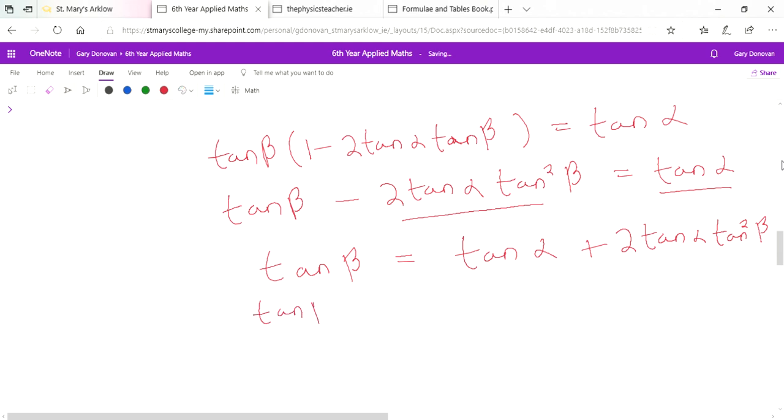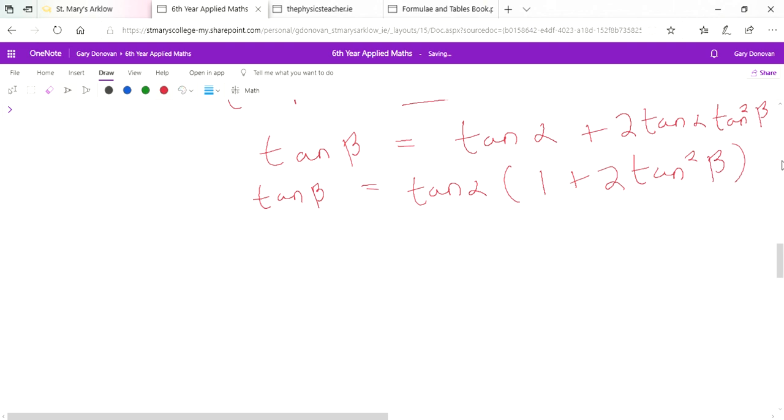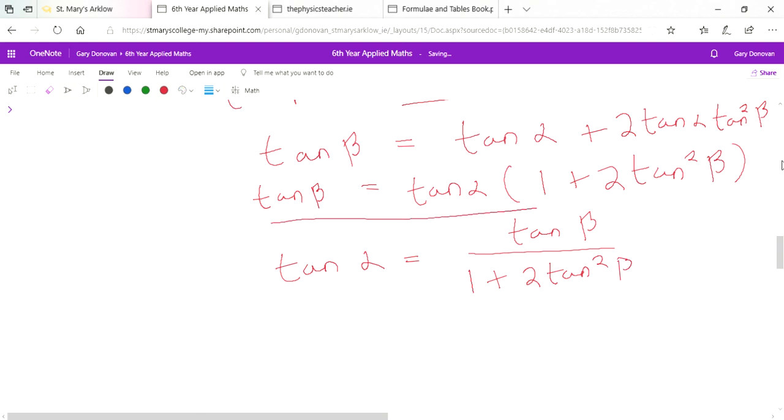Take out the tan alpha, or factorize it: tan beta equals tan alpha times 1 plus 2 tan squared beta. Then finally divide across by 1 plus 2 tan squared beta, and we get tan alpha equals tan beta divided by 1 plus 2 tan squared beta, which is what they asked us to prove. So QED.